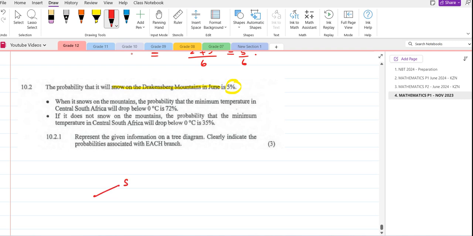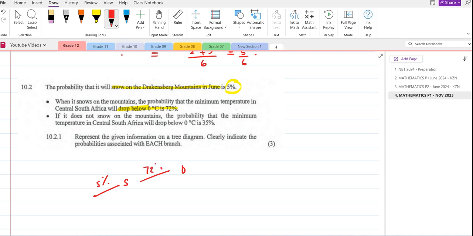When it snows on the mountain, the probability that the minimum temperature in central South Africa will drop below zero, we can use the symbol D for a drop below zero, is 72%.